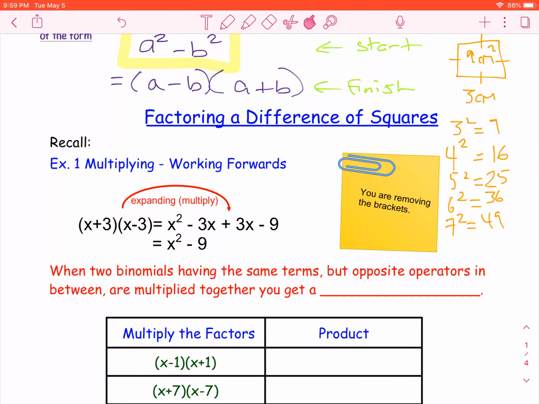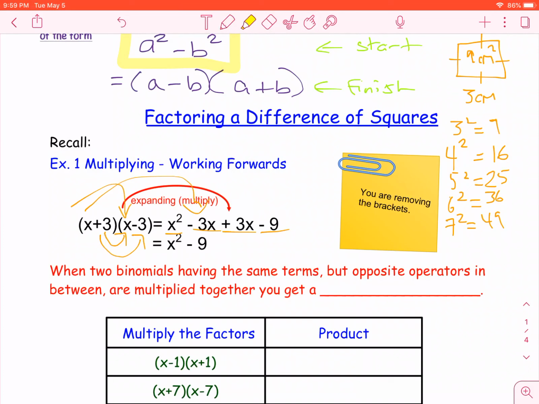So if you look at this little diagram in example 1, this basically reviewed how to FOIL. If we have x plus 3, x minus 3, very quickly we would work through first, x squared, outer, negative 3x, inner, positive 3x, and last, negative 9.